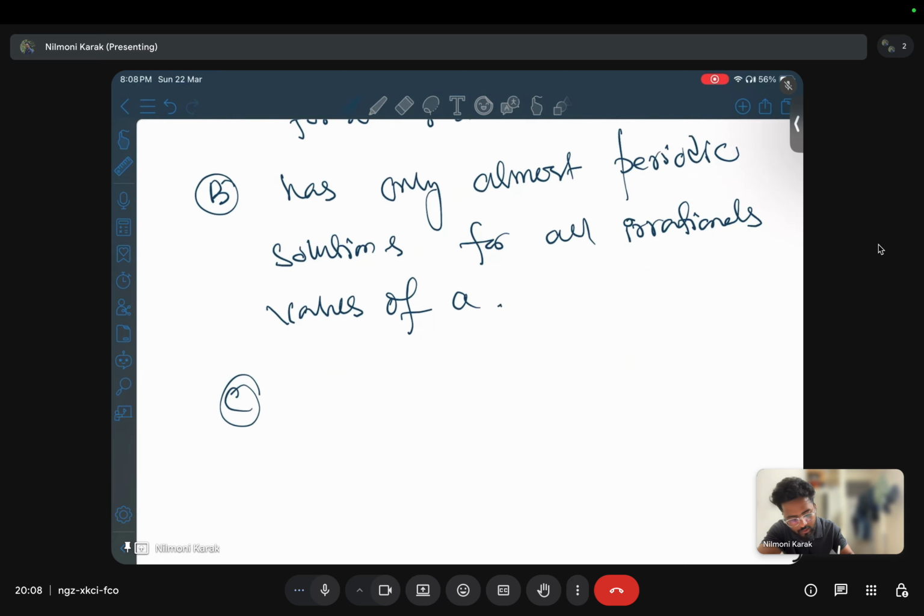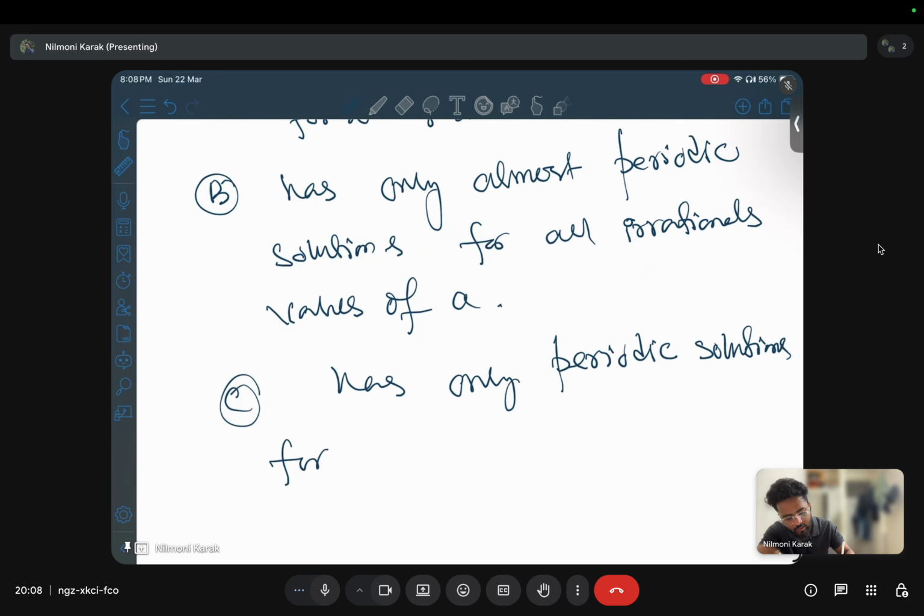C, has only periodic solutions for irrational values of a.